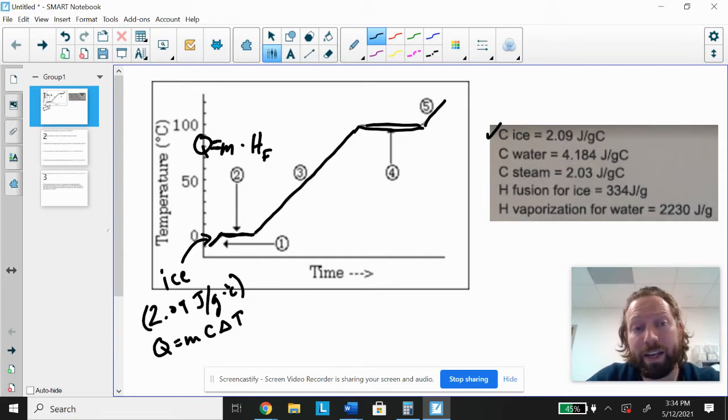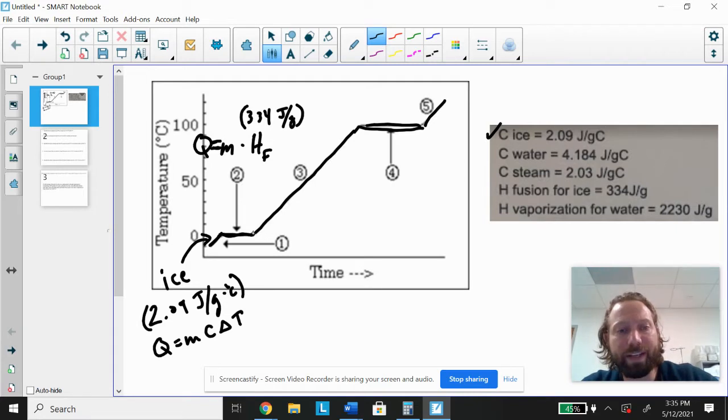So you multiply again the mass of the ice that's being melted, and you multiply it by then the heat of fusion for ice, which is 334 joules per gram. Okay, so that's the second one.